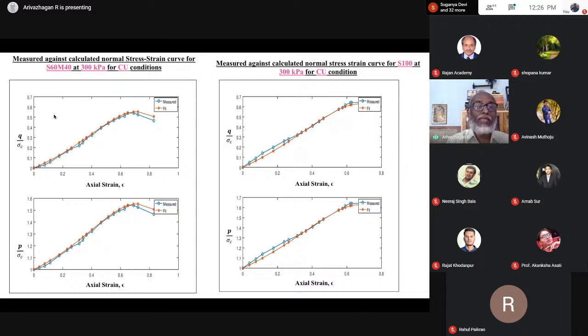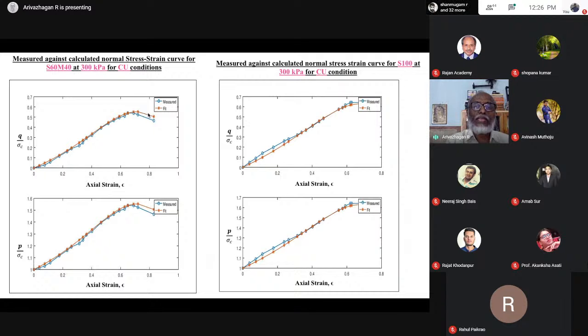So first find the value of P and Q in the triaxial test. Here this is called measured data. This one is called calculated data. Already we derived the equation with 6 parameters. In this equation the known values are P and Q, dP by d gamma, and dQ by d gamma.